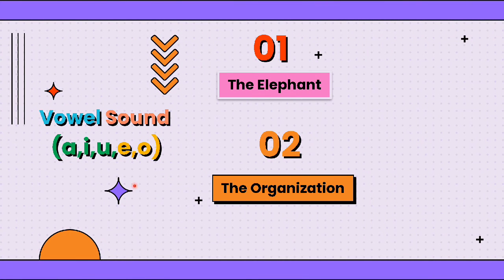For example, eleven. Eleven starts with the letter E, where E is included in the range of vowel sounds, which are A, I, U, E, O. So it is read thee eleven, not the eleven.